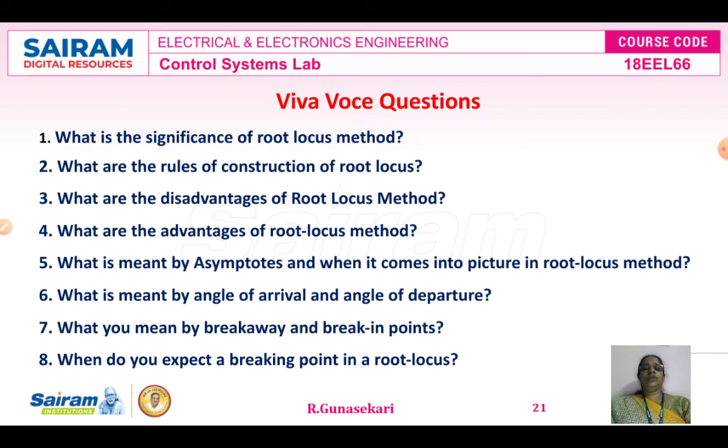What is meant by asymptotes and when do they come into the picture in the root locus method? What is meant by angle of arrival and angle of departure? What do you mean by breakaway point and break-in point? When do you expect a breakaway point in a root locus? You already studied this in the theory, so I gave sample questions related to this experiment.